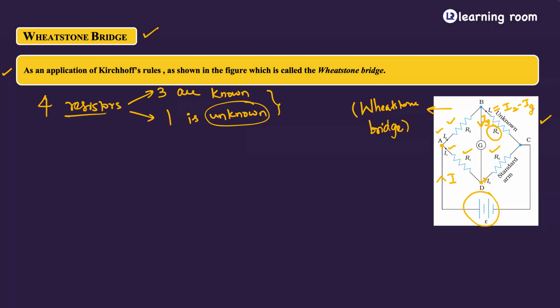Similarly, this I3 is going to be I1 plus IG. This is what happens according to Kirchhoff's first law. I1 is coming like this, IG is coming like this, so it is I1 plus IG. I2 is going like this, IG is coming like this, so it is I2 minus IG.